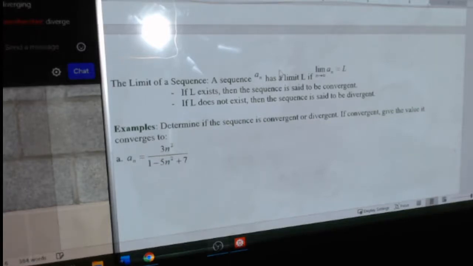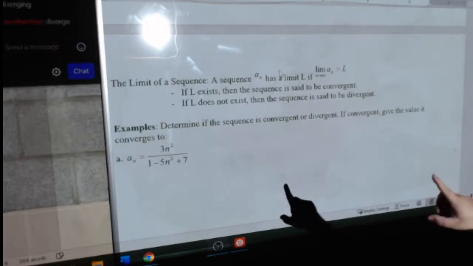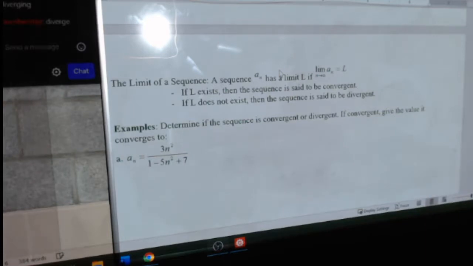So we've just looked at a sequence and its limit graphically. We can now do that analytically. And to do that, we can simply find its limit. So if we take the limit as n gets really big or heads towards infinity of the sequence, and it equals some value, here it says L. If L exists, meaning L is some number like 5 or -1,000,000, then that thing converges.